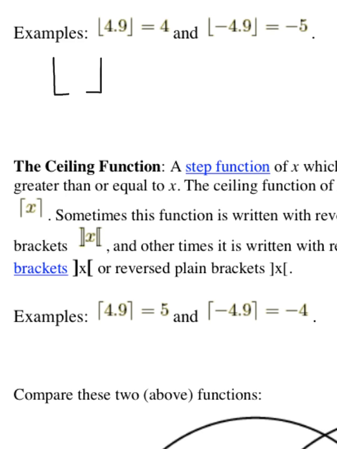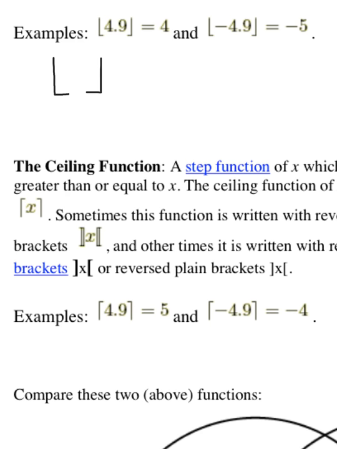If I have this value, 4.9, inside my bracket, I'm going to round down to the next lowest integer. So remember, floor is low. You're going to take this 4.9 and round down, and we get 4. Same thing with the negative number. When I round this number down, I get -5.